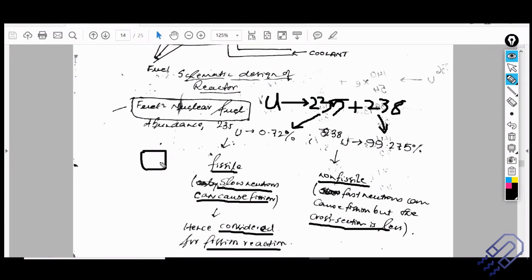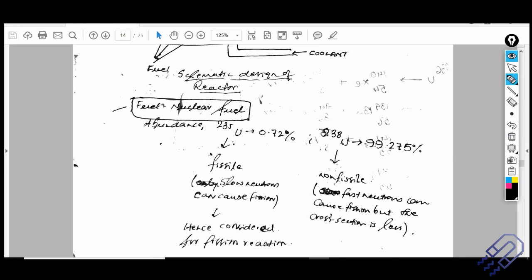So I need to reduce the amount of uranium-238 there. Uranium-235 will be there, and I have to do some chemical process so that I can reduce the amount of uranium-238. This process is what we call enrichment. Enrichment is the term, so just look at the term now. That is important. We are talking about enrichment now.